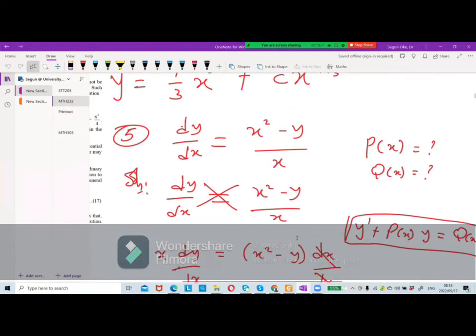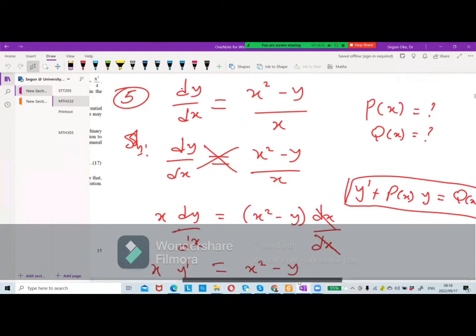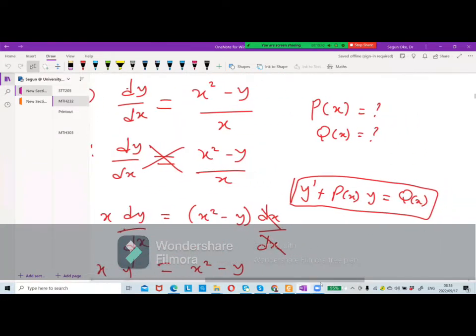Look at this problem, and we reminded ourselves that this is what we call a general equation. When you are asked for a general equation, you have to check what P of x is, and then you will be given P of x and Q of x.